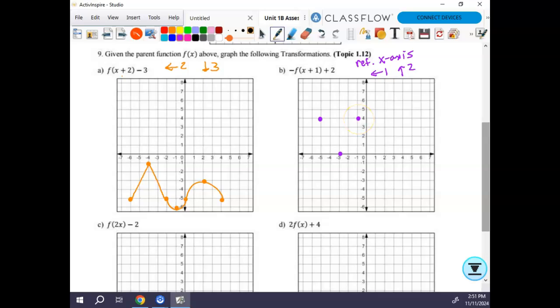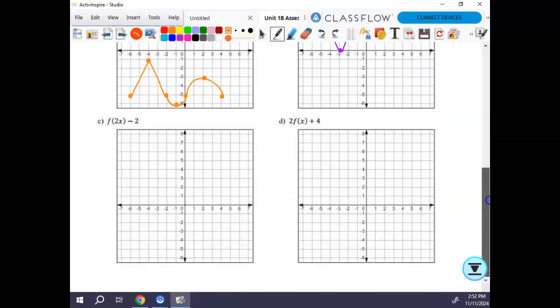And then, once again, I didn't stretch anything, so I can tell where these points go here. And that means I would go down and over, and over. And here's my curve, and curve.